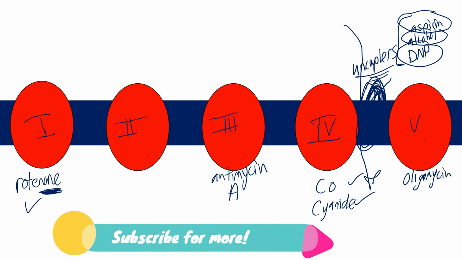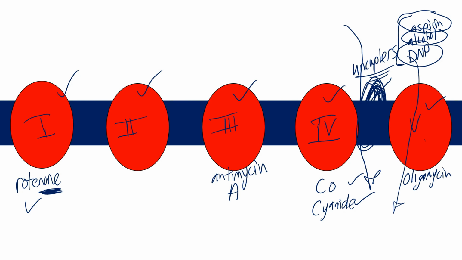Now, it's important to know this. You will still generate heat. Let me show you what I mean. When protons are just flying through the membrane, it doesn't mean that any of these complexes aren't working. It just means that when you get to the final complex, you don't have the force to generate the ATP. So you've basically wasted all of your caloric energy going through all of these complexes to have no good end result.